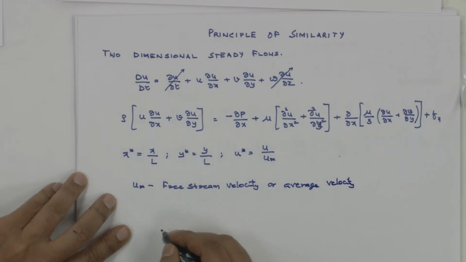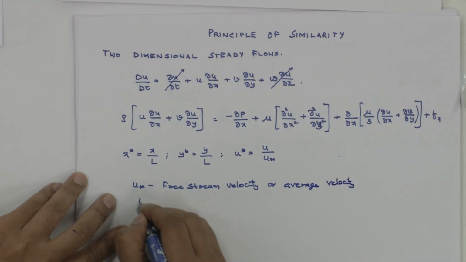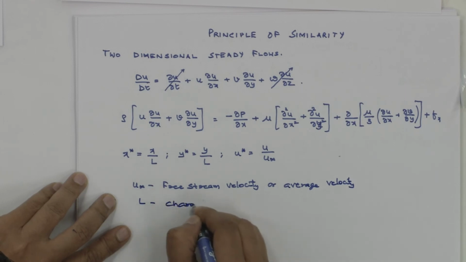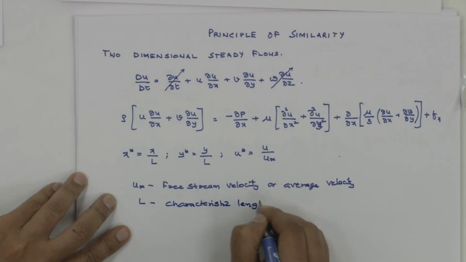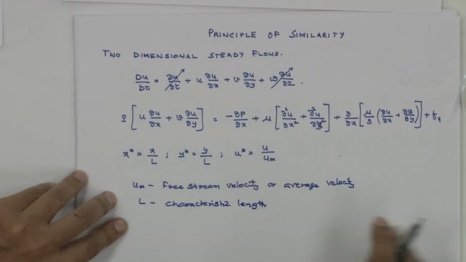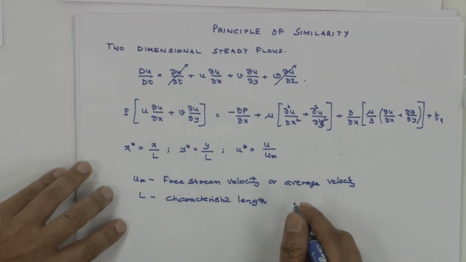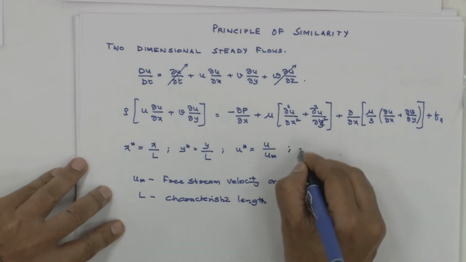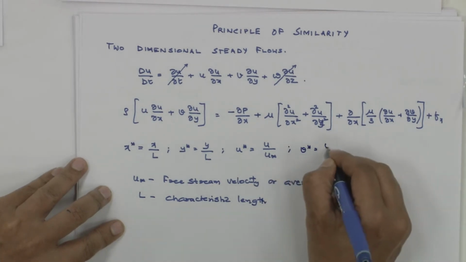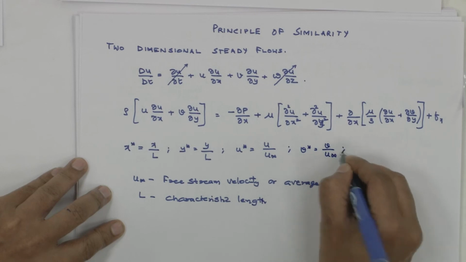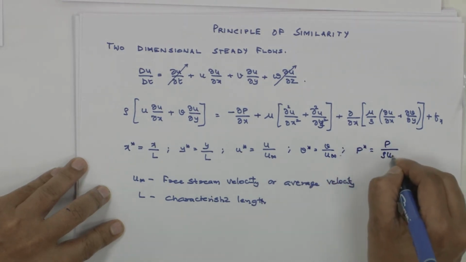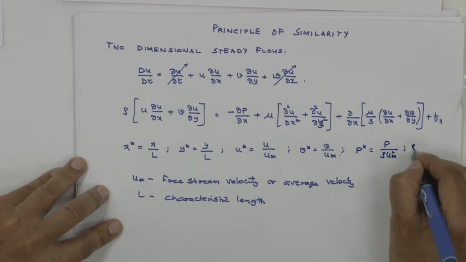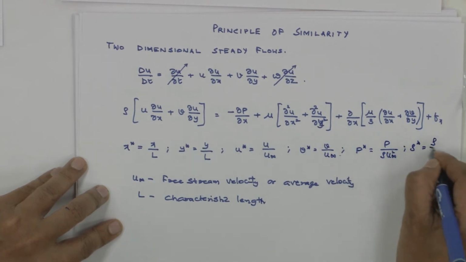L is a characteristic length: the length of the flat plate in case of external flows or the diameter of the pipe in case of internal flows. V star equal to v by u infinity, P star equal to P by rho u infinity squared, and rho star equal to rho by rho infinity.